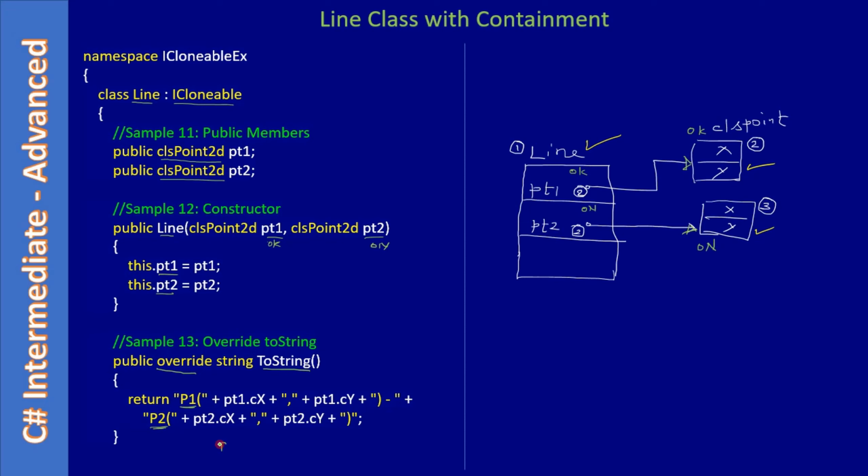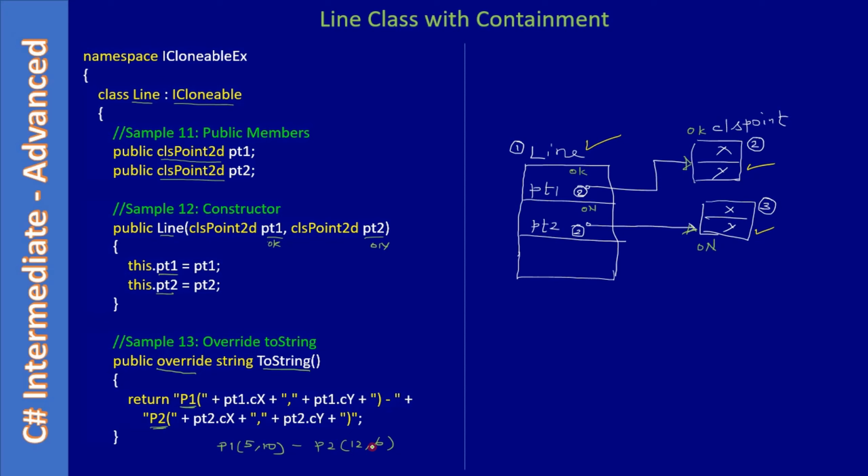So it will print like this: P1, for example, 5,10, then a hyphen. After that, P2, 12,6. So just by looking at this, you can say this is a line object denoted by 2 points, point 1 and point 2. Point 1 coordinates are 5,10. Point 2's coordinates are 12,6. That means x12, y6.